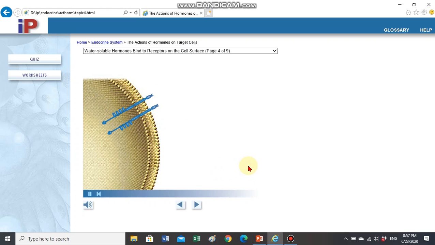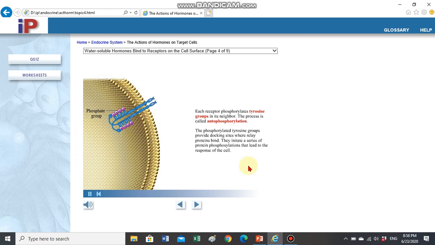When a hormone binds to a tyrosine kinase receptor, the receptor joins with a neighboring receptor and changes shape. Each receptor phosphorylates tyrosine groups in its neighbor. The process is called autophosphorylation because the receptors are of the same type. The phosphorylated tyrosine groups provide docking sites where relay proteins bind.